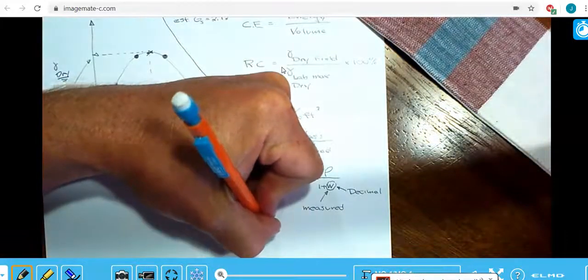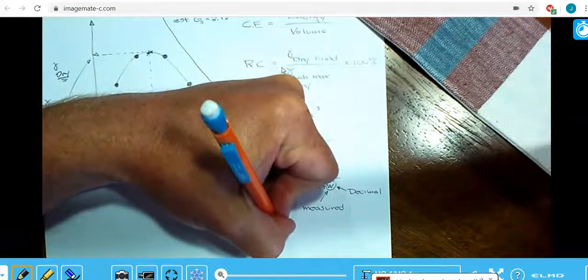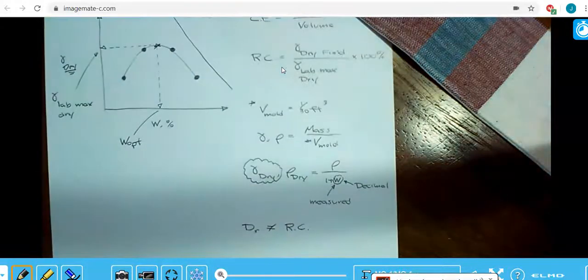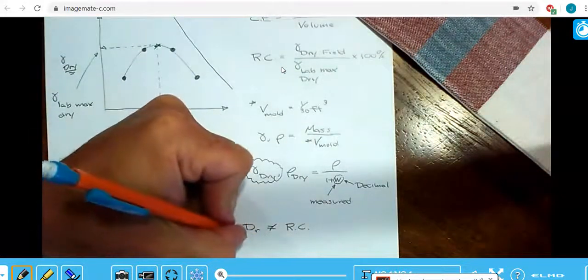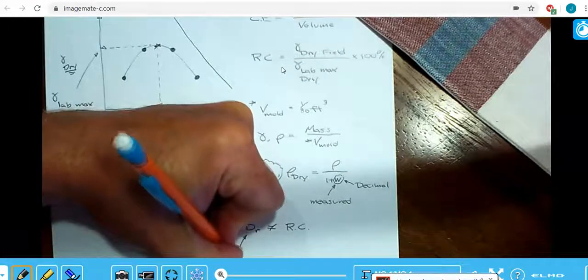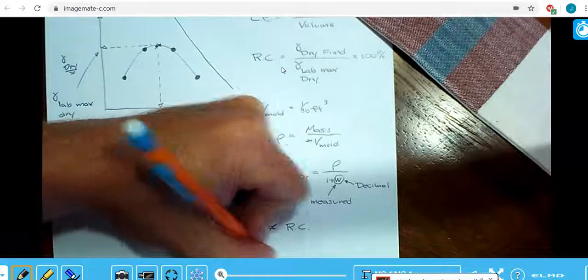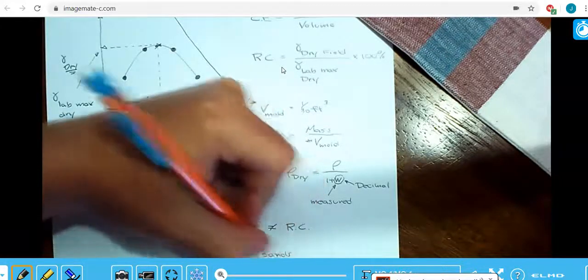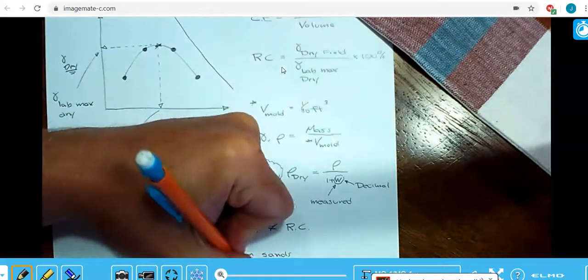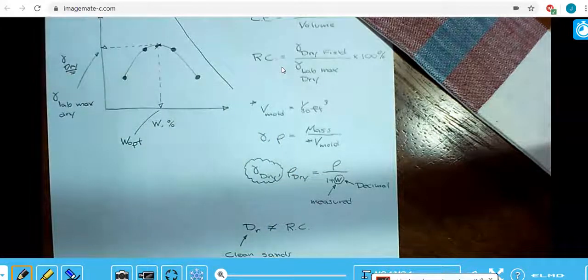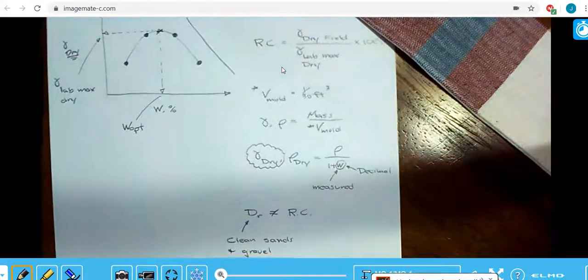It's different. I'm not going to talk about it in too much detail, but relative density is associated with clean sands and gravels. And it's comparing the void ratio of the material to a minimum and maximum void ratio.